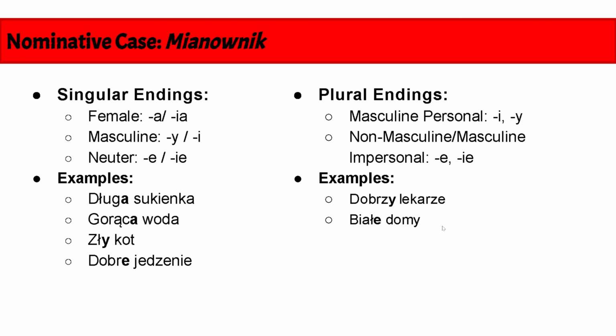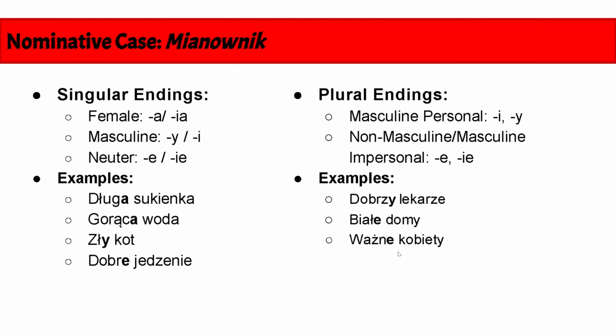Białe domy, white houses. Now, again, dom is already in the mianownik plural. That does not change. Now we have białe. Because dom is a masculine impersonal noun, because it is a thing, not a person, we have to change biały to białe, so we have białe domy.